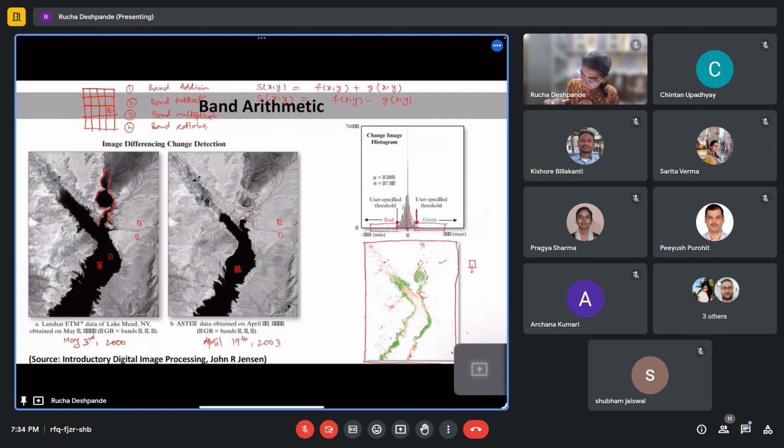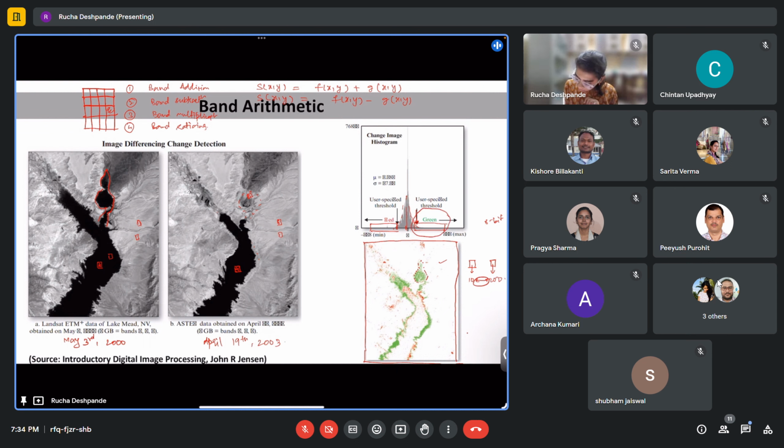Suppose it was around 10 in an 8-bit image, and when this pixel is replaced with land, it appears brighter, so it would have a higher value. Suppose the changed pixel had around 200. Then there would be a positive difference. So any pixels which have changed from water to land would appear on this side of the histogram.